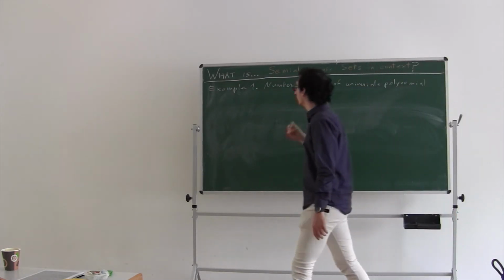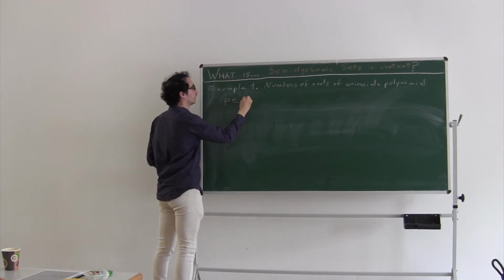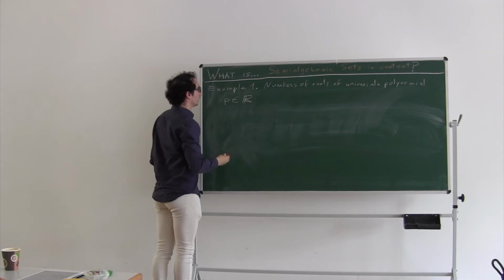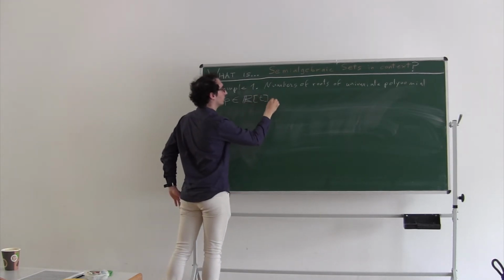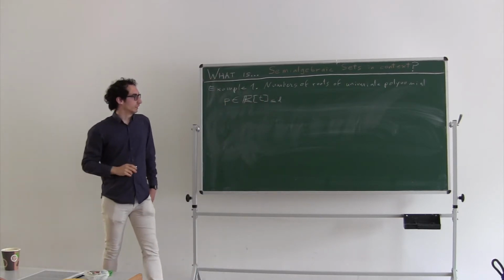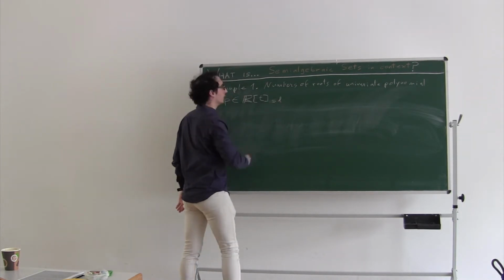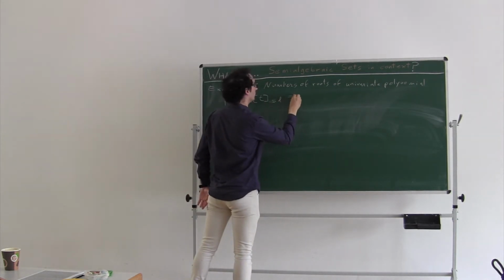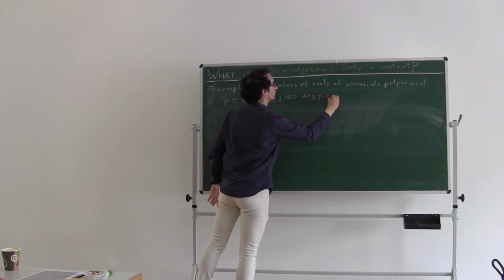Imagine that we are given some univariate polynomial in one variable, p belonging to R[t], with degree less or equal to d. I will just mean that the degree of p is d.